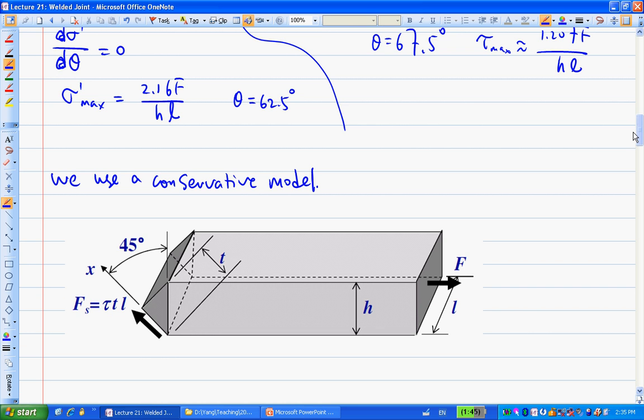You see that? 45 degrees, and this F is the same as this F right here. In other words, we're not considering the normal stress, and by neglecting normal stress and increasing the shear stress, we get a more conservative model.